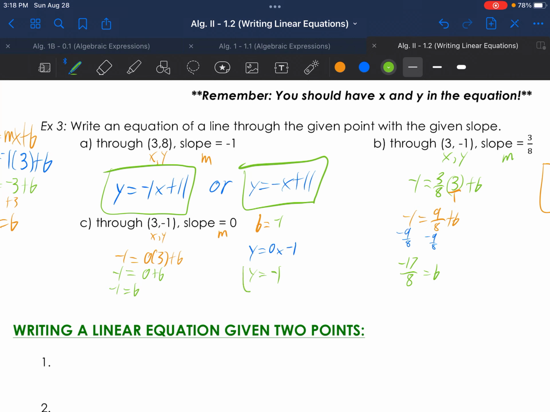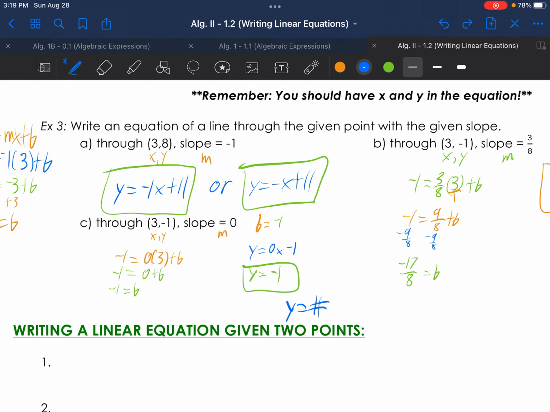which gives us 0 times x is 0, so we just have y equals negative 1, because 0 minus 1 is negative 1. Now you might have noticed earlier that, hey, this is another problem where the slope was equal to 0. And every single time the slope is equal to 0, it'll always be an equation where it's y equals some number. And that number will be the y value of the intercept, like we said earlier, the y-intercept, but it'll also be the same y value as any point on the line.